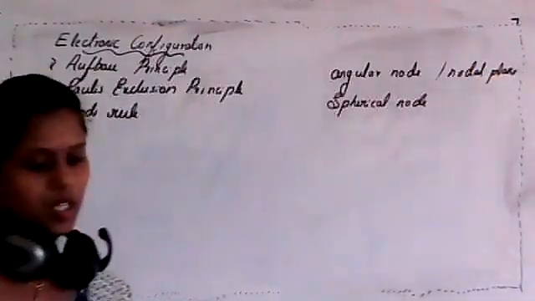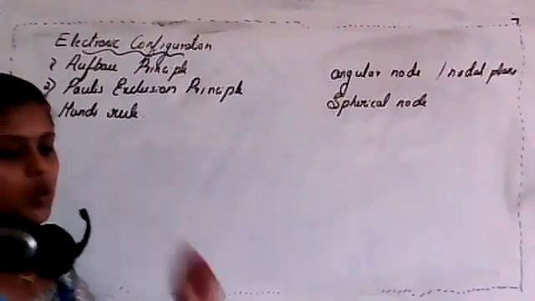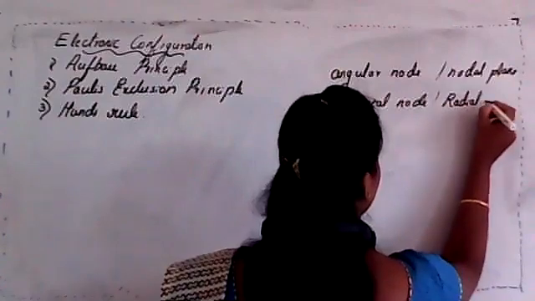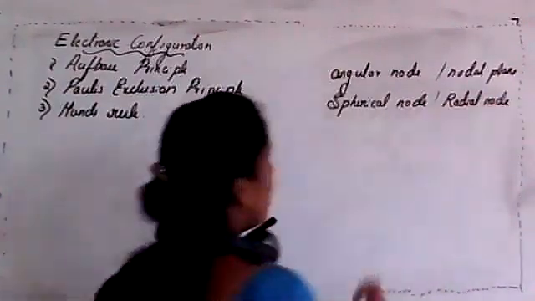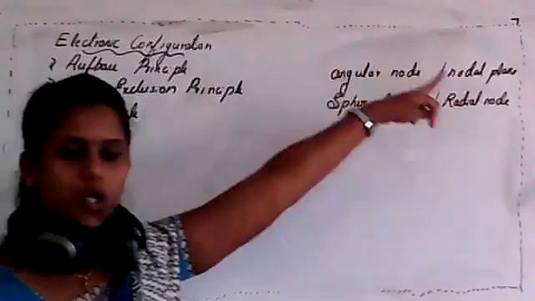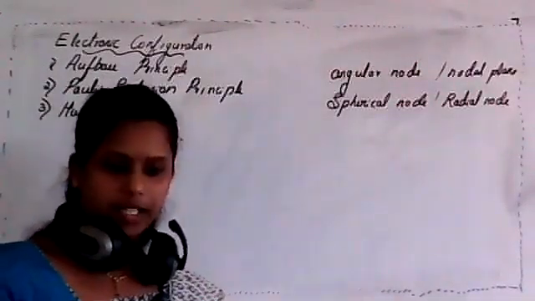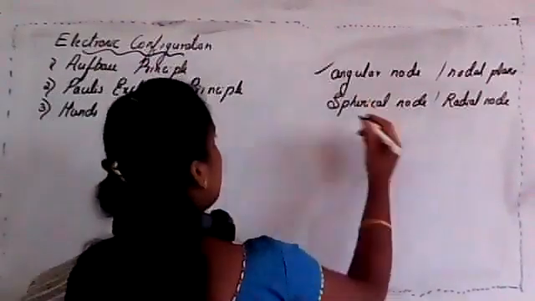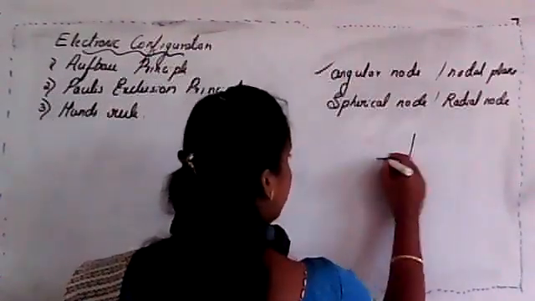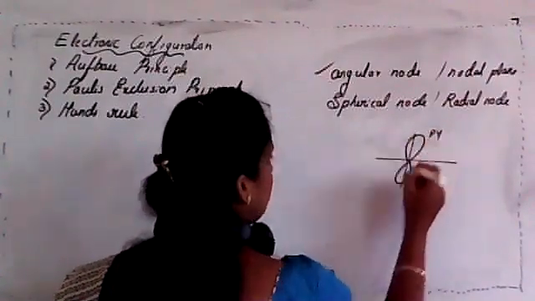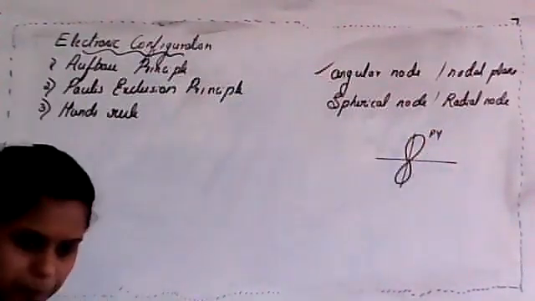And what is a spherical node? The spherical node is also known as radial node. So angular node or nodal plane, and spherical node or radial node. In the case of angular node, if I consider any orbital, it may be a py orbital.